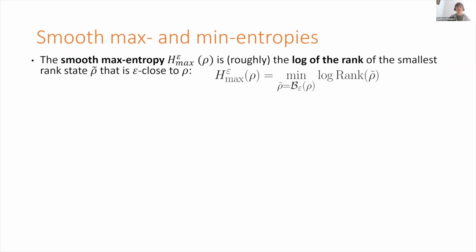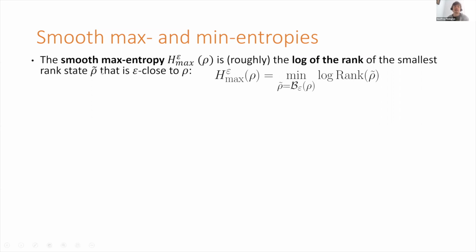Okay, so rather than just saying that for thermal states the smallest approximation we can make has rank e to the S, by definition, for any state, the smallest rank approximation we can find is e to the H epsilon max, okay, where epsilon is controlling the quality of the approximation.